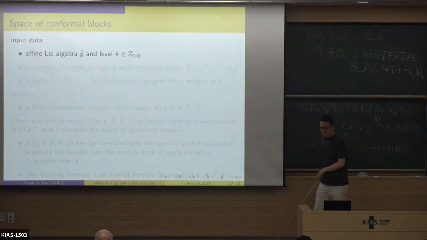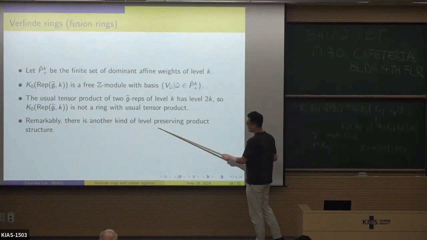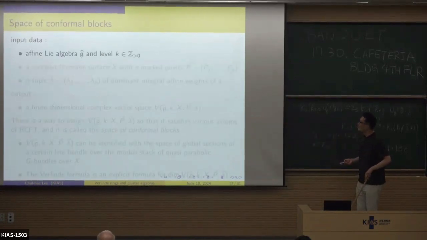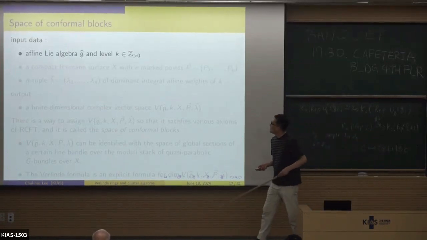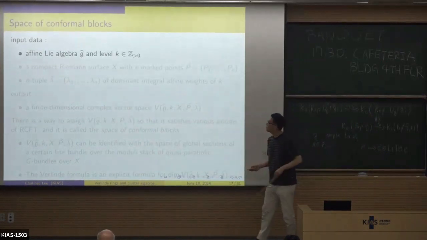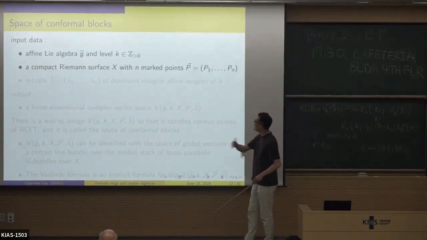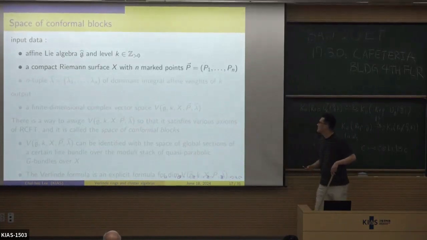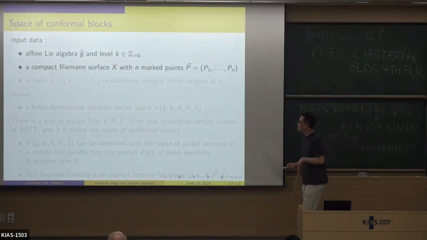But one problem of this product structure, this is very remarkable, but it is a bit difficult. I think this is one of the most difficult ways to define multiplication. So let's consider affine algebra G hat and level k. We now need to consider something very different from what I have been talking about. Fix a compact Riemann surface X and choose some points, n points.